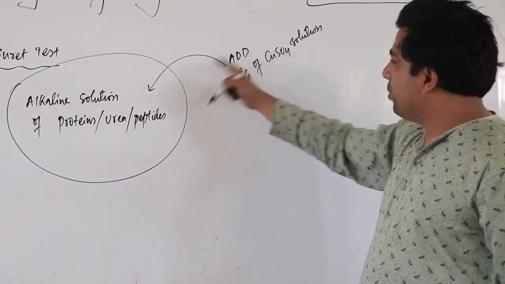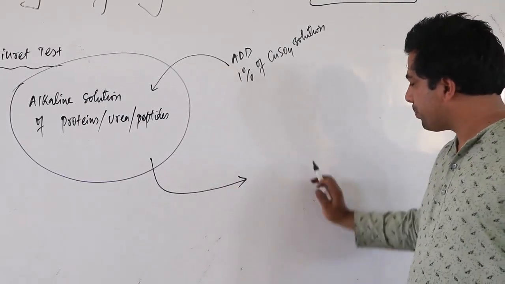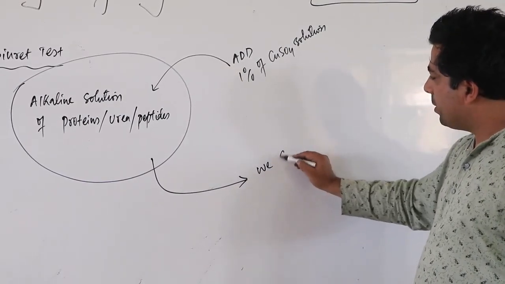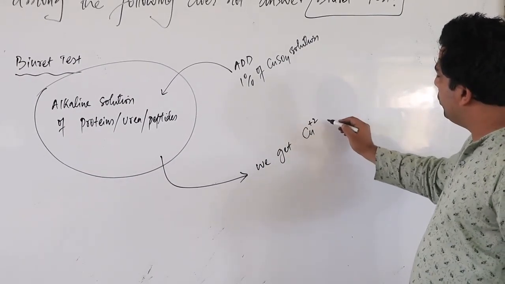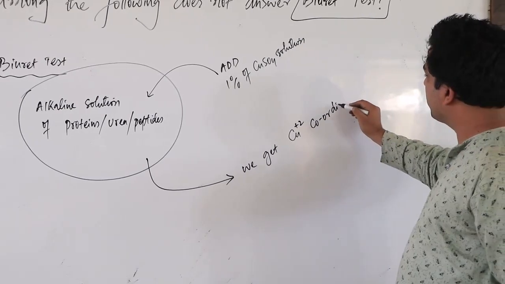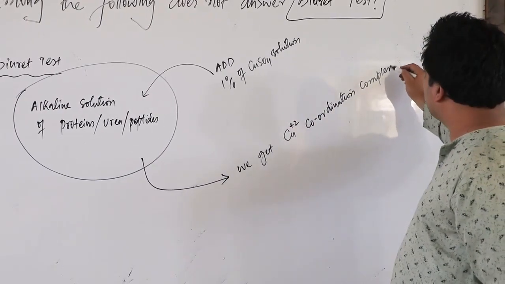So due to the addition of this, what we get is basically copper plus 2 coordination complex. Okay.